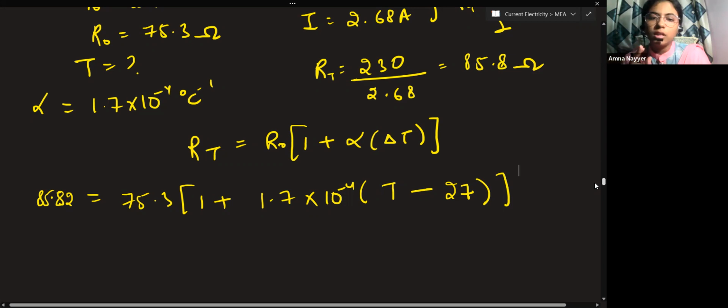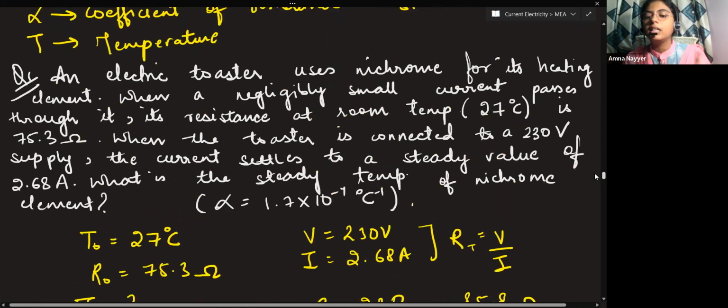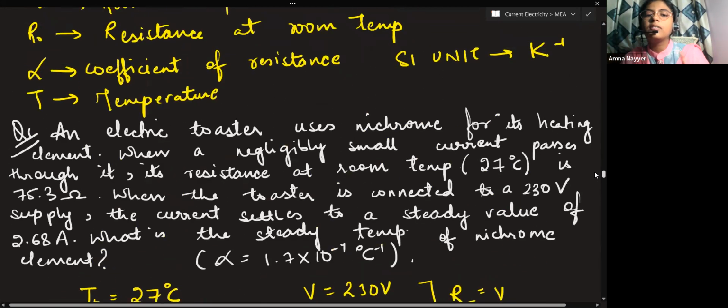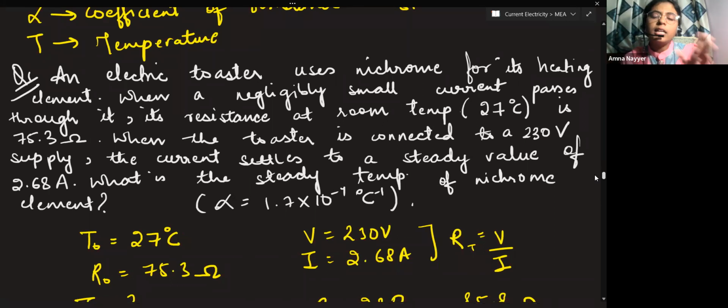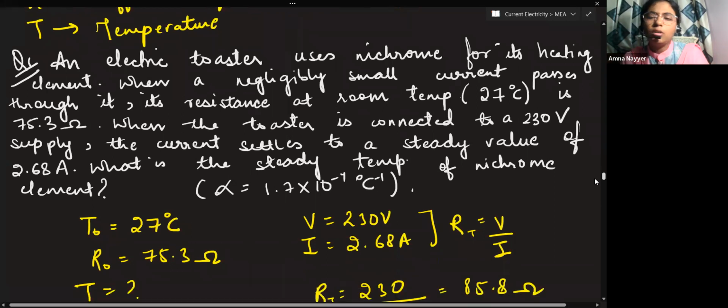That's why we do not convert it. Apart from this, alpha is given per degree Celsius, not Kelvin inverse, so we consider it in degree Celsius. Had it been given in Kelvin, the temperature difference still needn't be converted.